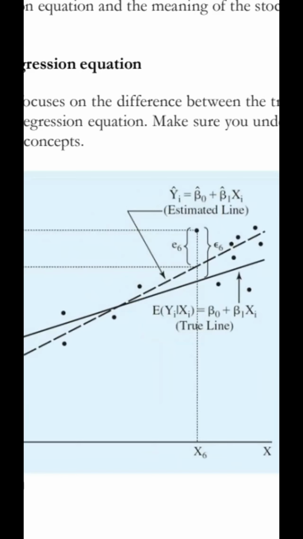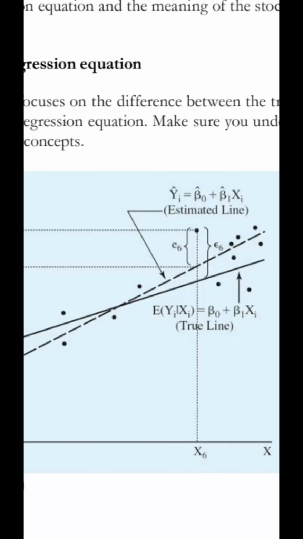Yes, that dotted line is the estimated regression equation. So that difference there is the residual error, which is written as E subscript 6. It is the difference between the estimated line and the actual point.